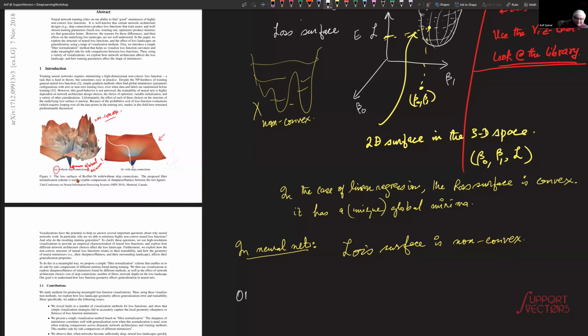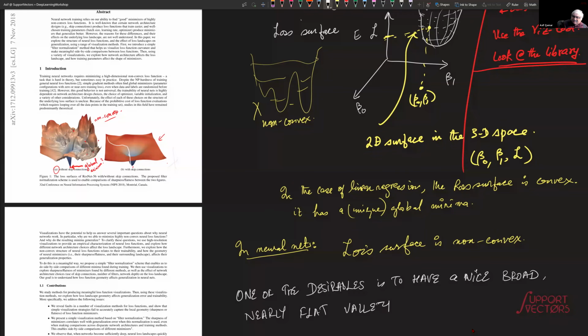One of the desirables is to have a nice, broad, and nearly flat valley at the global minimum. Right? This is something that you would want.